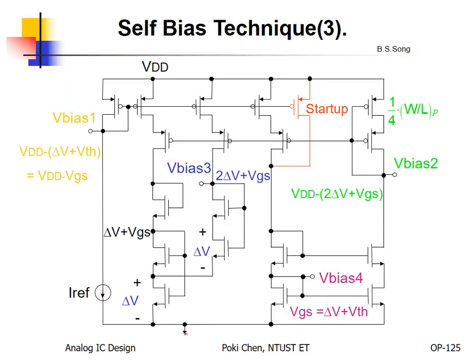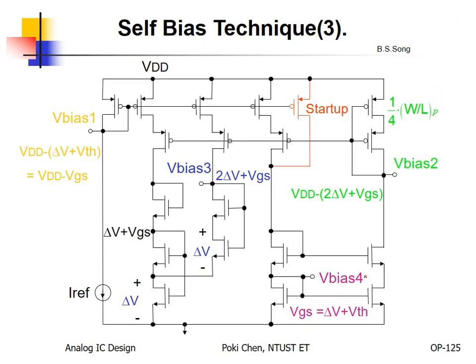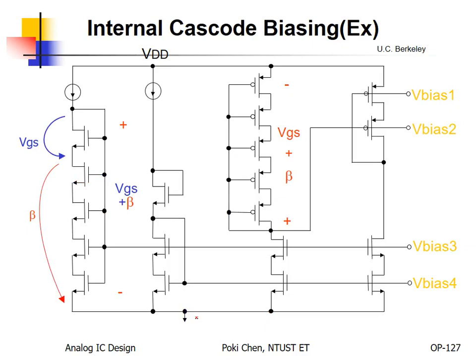But it's still troublesome. Then allow me to show you this from BS song, some kind of Chinese or Taiwanese. Anyway, this is what you need to learn. Please pay attention to this structure or that structure or even further.